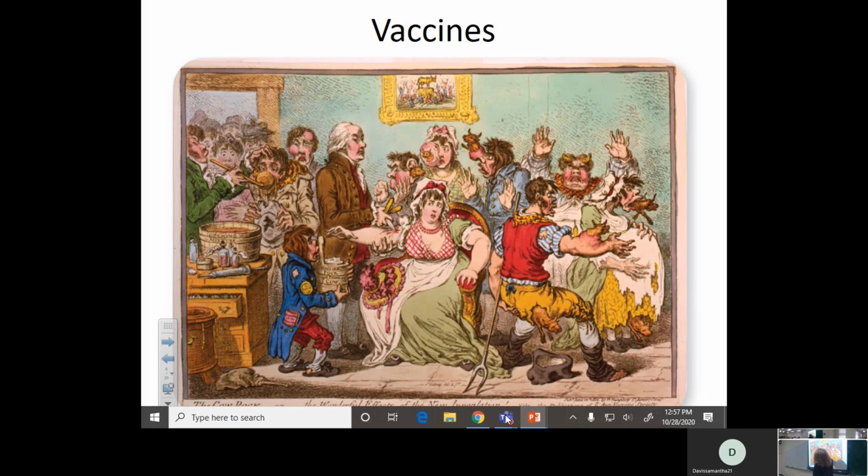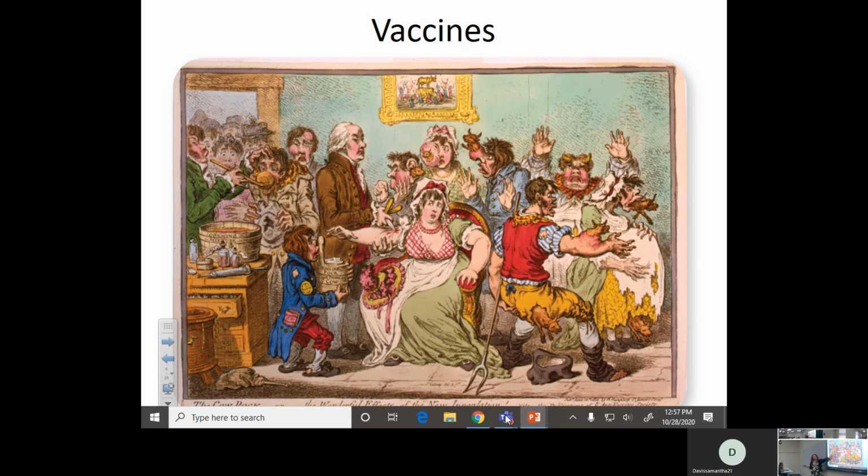And this cartoon is trying to show that getting that is going to make you have cow characteristics. Because the early vaccine for smallpox, which is deadly, was to give you cowpox, which has a related spike shape that gives cross protection against smallpox. So this was back in the 1700s, early 1800s.